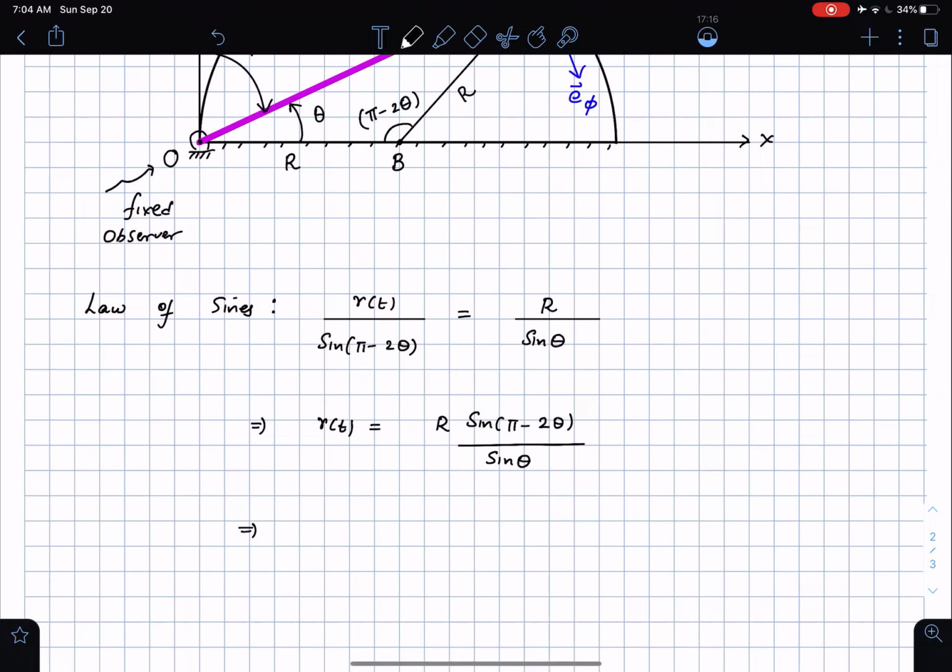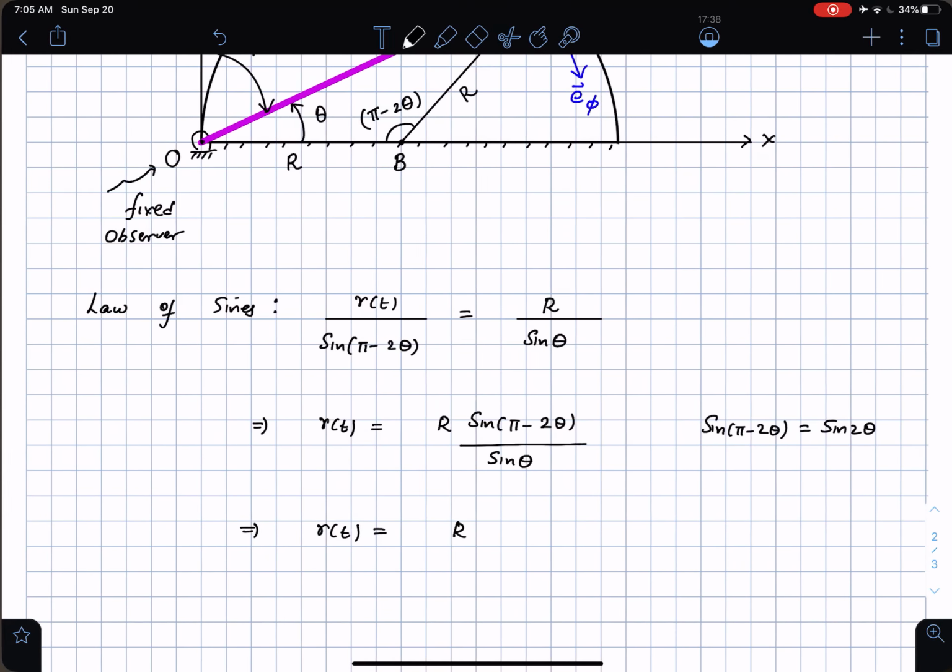And sine of pi minus 2 theta is the same as sine 2 theta. So, aside, sine of pi minus 2 theta is the same as sine 2 theta. It's in the second quadrant. Okay, and so this is sine 2 theta.